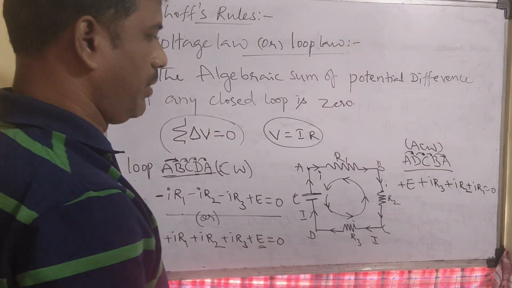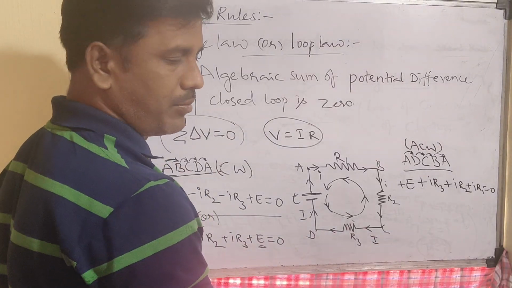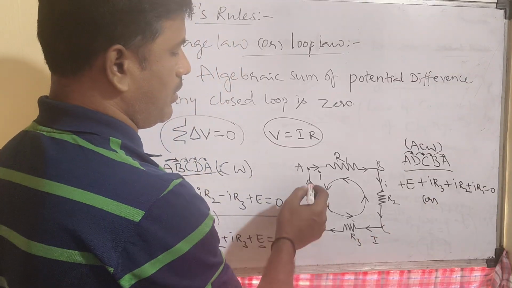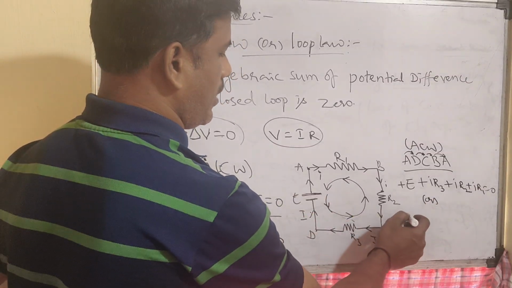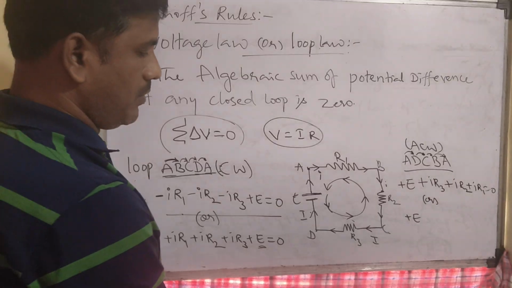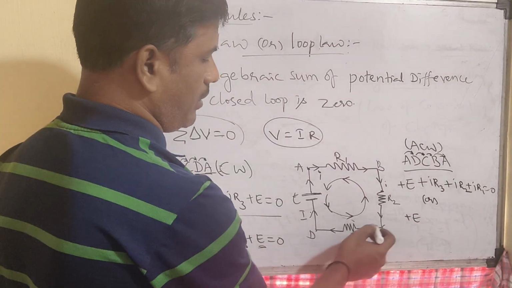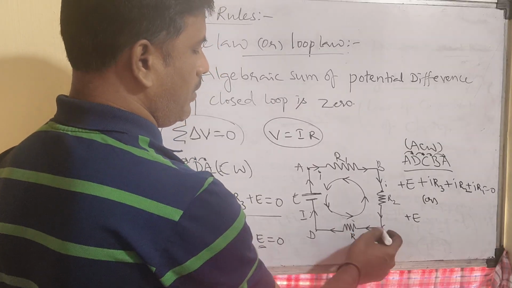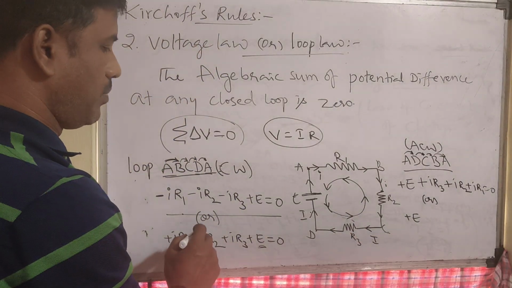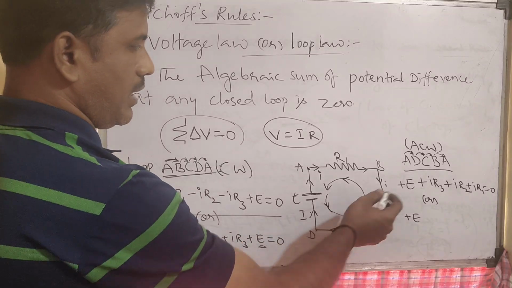If it is the second condition, then for E, A to D is always positive. Next, D to C. Generally clockwise means plus, so it is anti-clockwise.